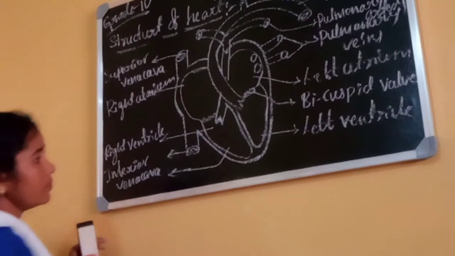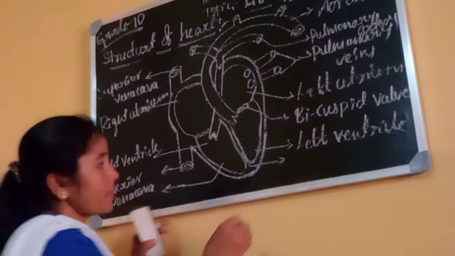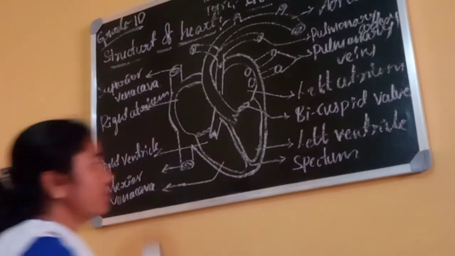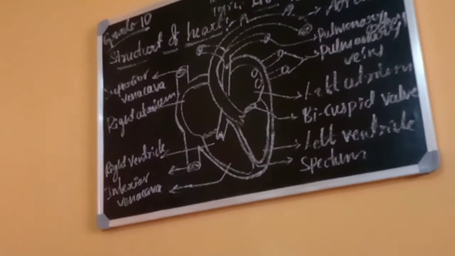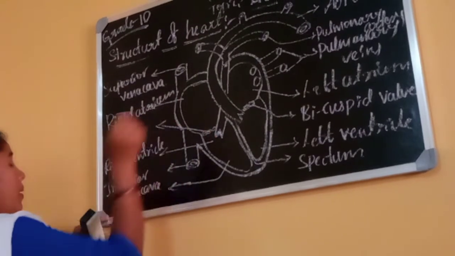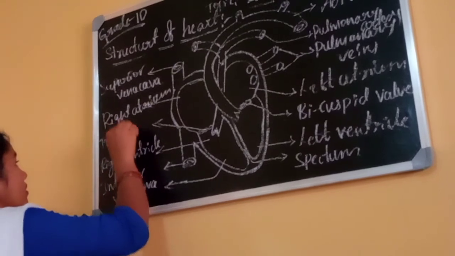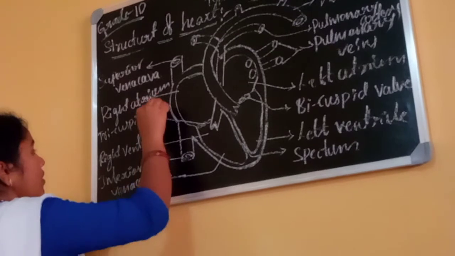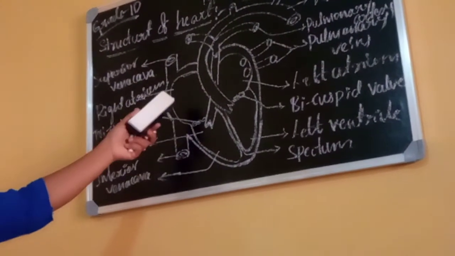Here the dividing portion is there, that we call the septum, the dividing part. Anything else? Yes, here, the tricuspid valve. These are the labelings of our heart.